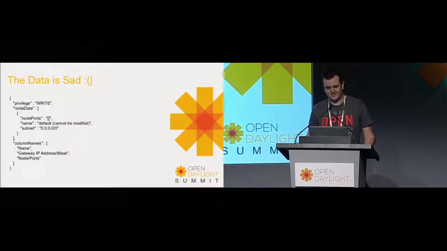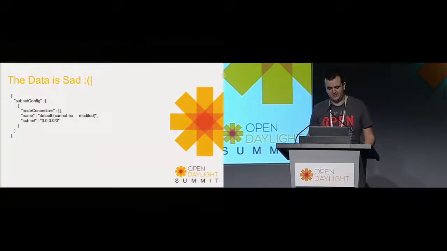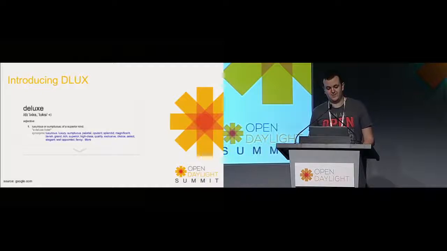This is the JSON which is used to write out the subnets, if I remember correctly, in the current UI. And this is what it's like in the northbound one. Madhu came up with the name, because we had a previous name which was called VUX, and it was pretty tragic because it means old man in French. That was pretty embarrassing when we came to the TSC meeting.